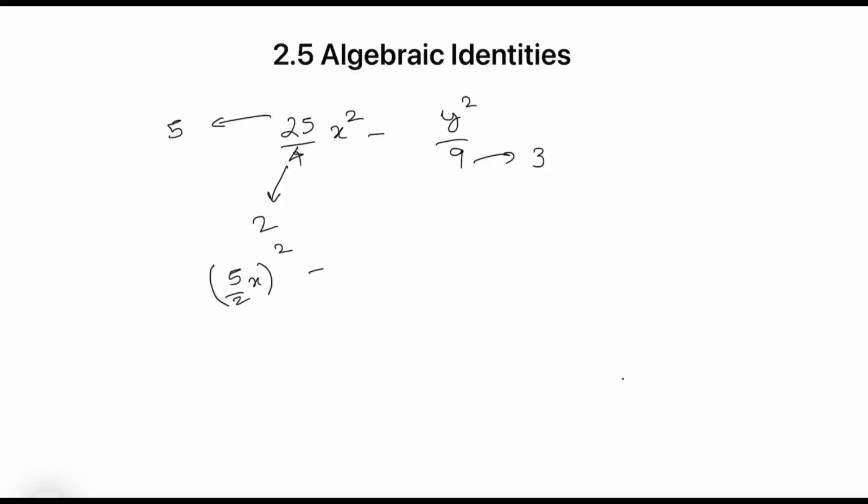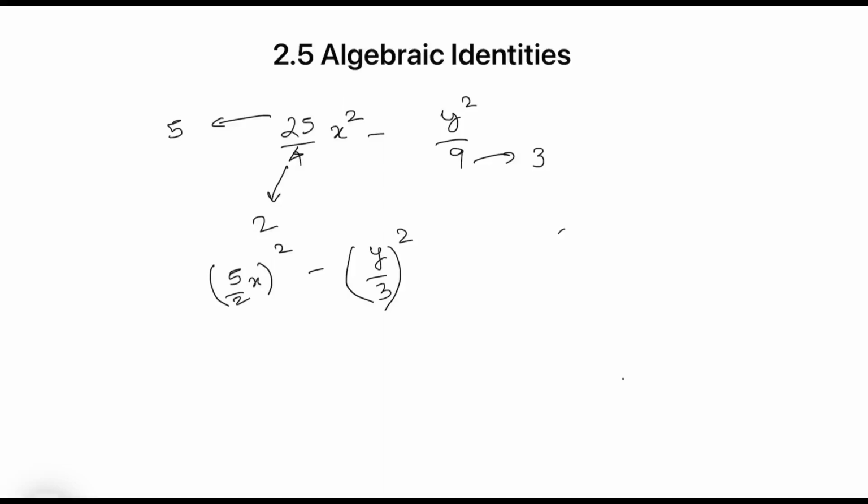Let's factorize another expression. So 25 by 4 x square minus y square by 9. In this we know that 25 is square of 5, 4 is square of 2, and 9 is square of 3. Therefore (5 by 2 of x) square minus (y by 3) square.